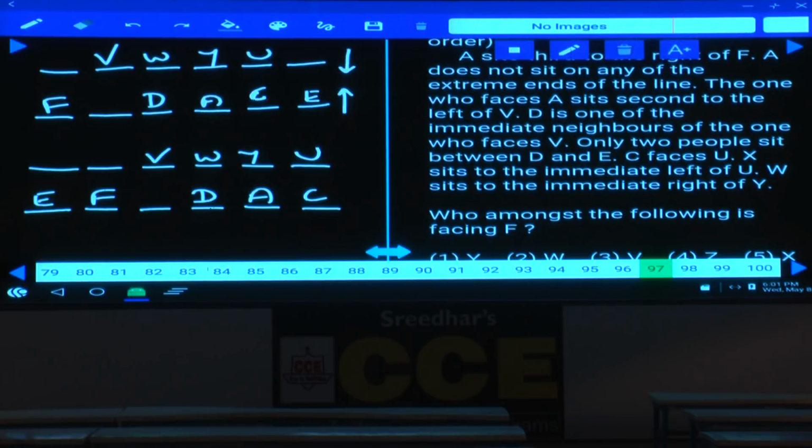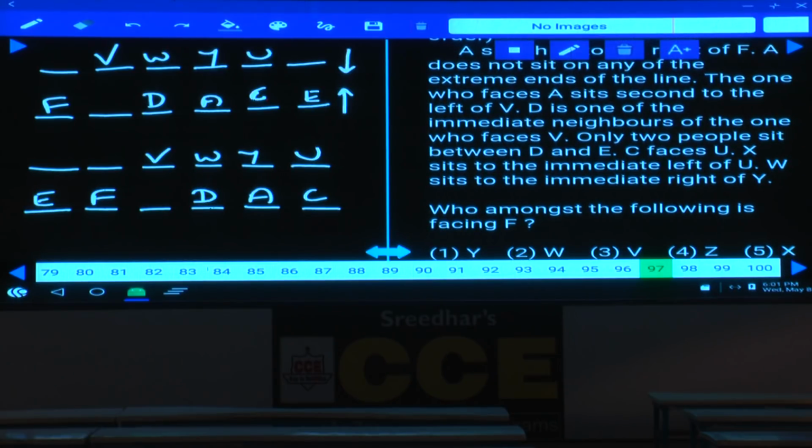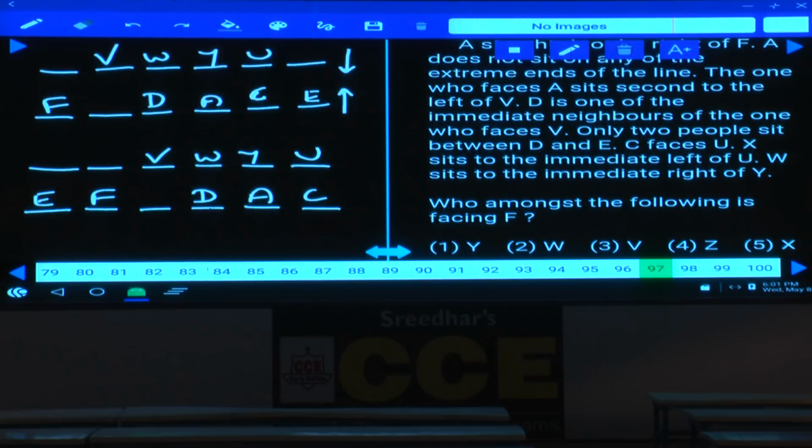The one who faces A sits second to the left of V. X sits to the immediate left of U. In this case, X to the left of U is not possible. Then who is the person left over here? Z is left over, and in this case, B is left over. It took only 2 minutes at the most.